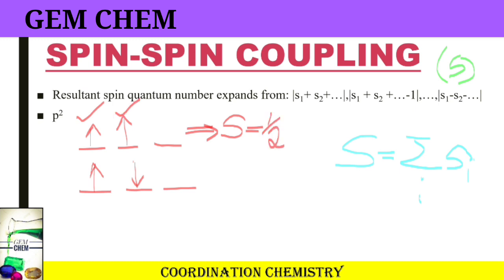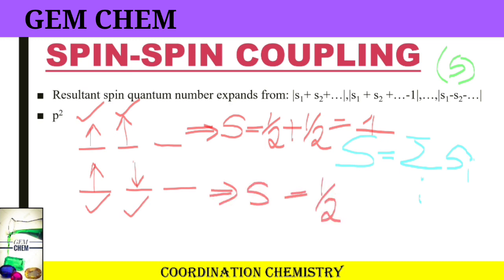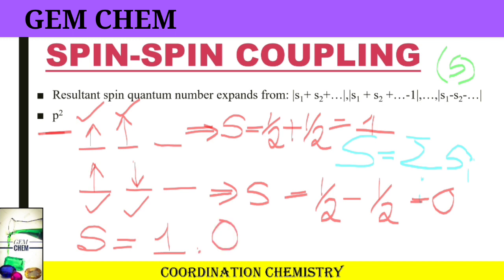So this is half plus half, and we get 1. For the other one we have plus half and minus half, so half minus half is equal to 0. So for the p2 configuration, we can have two possible S values: one is 1, another is 0. This is how we can take out our spin-spin coupling constant.